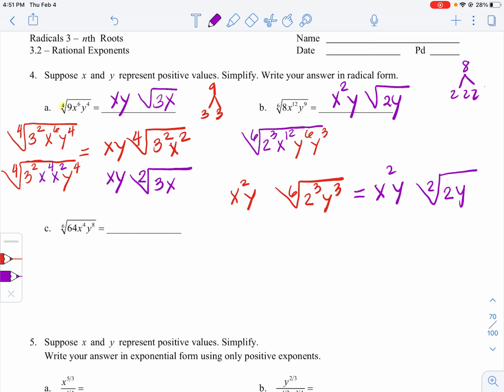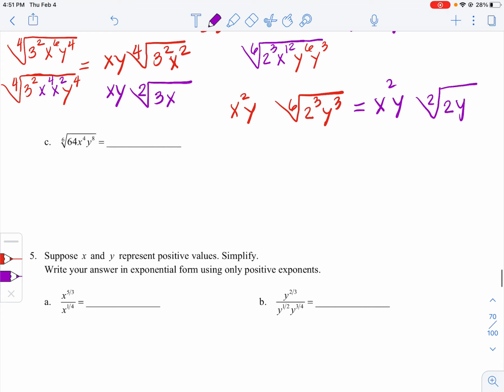Okay, letter C. 64. What is 64? How many 2's are in the 64? Let's do 8 and 8. That's 2, 2, and 2, 2, 2, and 2. So there are 6 2's in the 64.